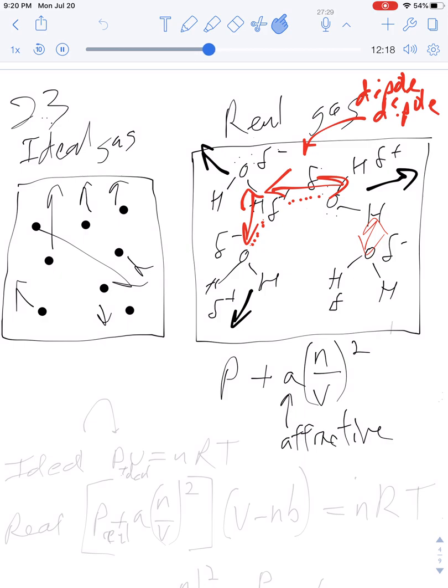So the pressure must be adjusted by the attraction times N over V squared. Okay?